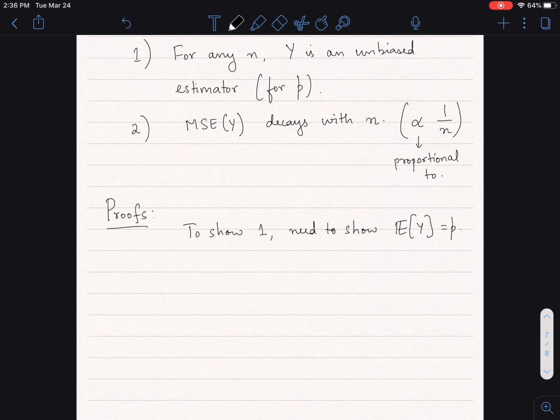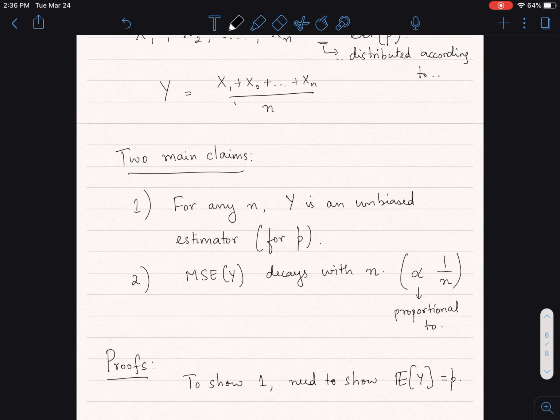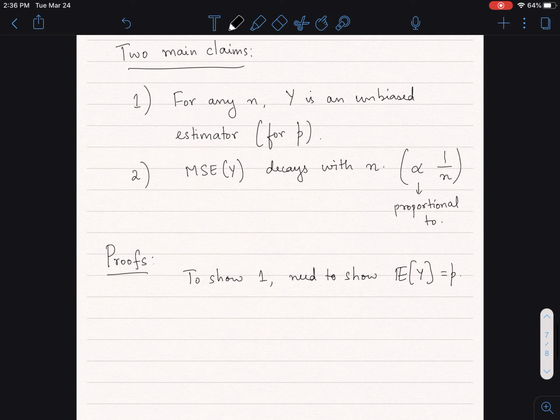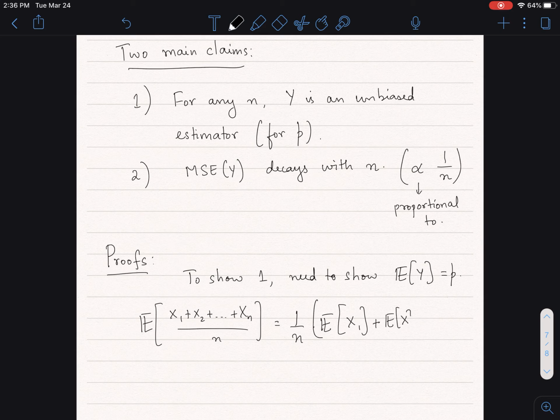You just use linearity of expectation. y is equal to x1 plus x2 up to xn divided by n. Therefore, expected value of y is the expected value of x1 plus x2 up to xn divided by n, which is equal to 1 by n times the expected value of x1 plus expected value of x2 plus up to expected value of xn.